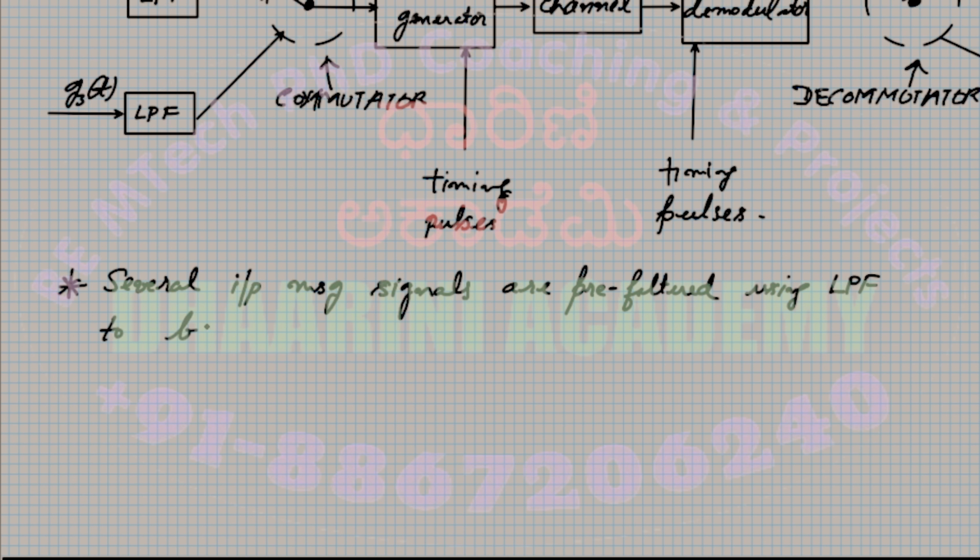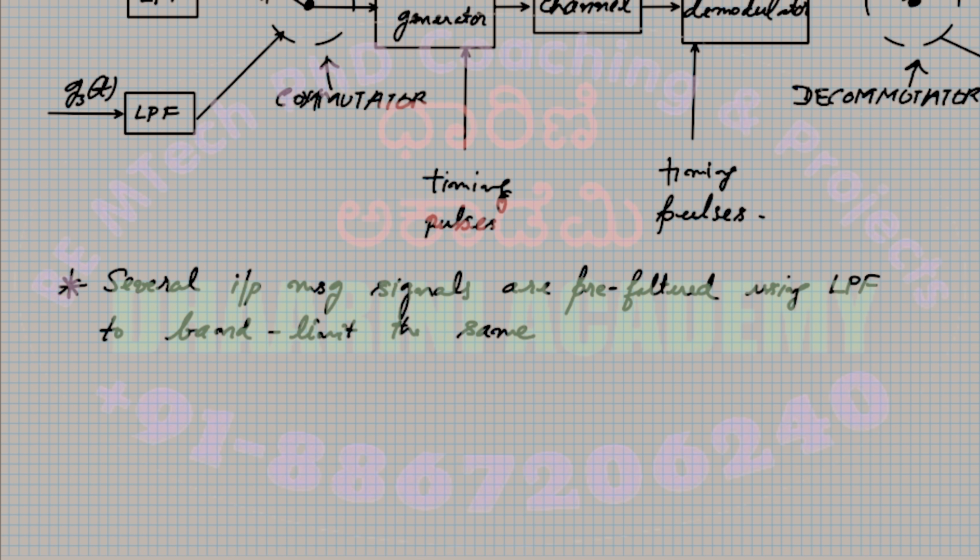To band limit the same. You take them and perform the band limiting operation, because ultimately you are going to do the sampling. So there will be a fixed sampling frequency. You will make sure that the frequency content of each of the signals is band limited.